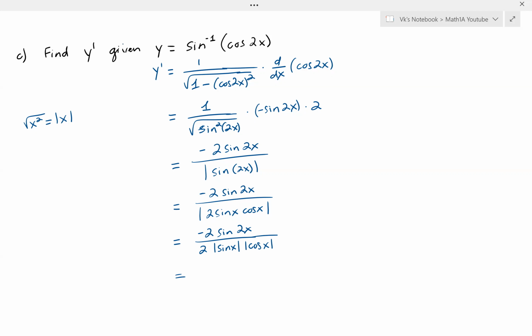And this would be sine of 2x over absolute value of sine x, absolute value of cosine x. Just be a little careful on this one, especially when you take root of x squared. Remember, the square root is a positive number. So that is why we have to put the absolute value.